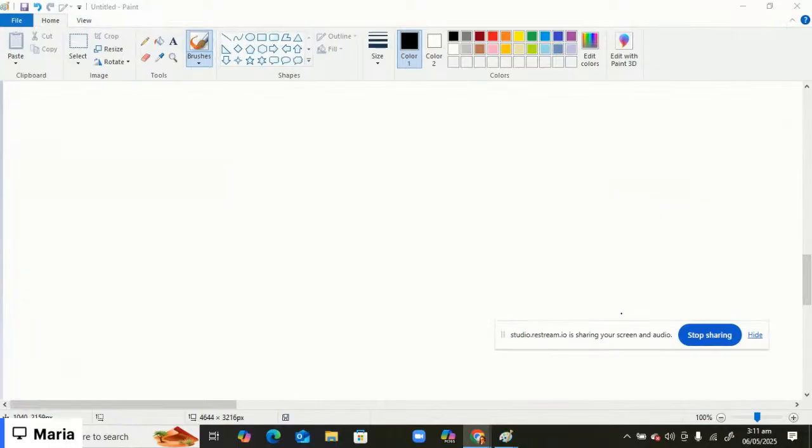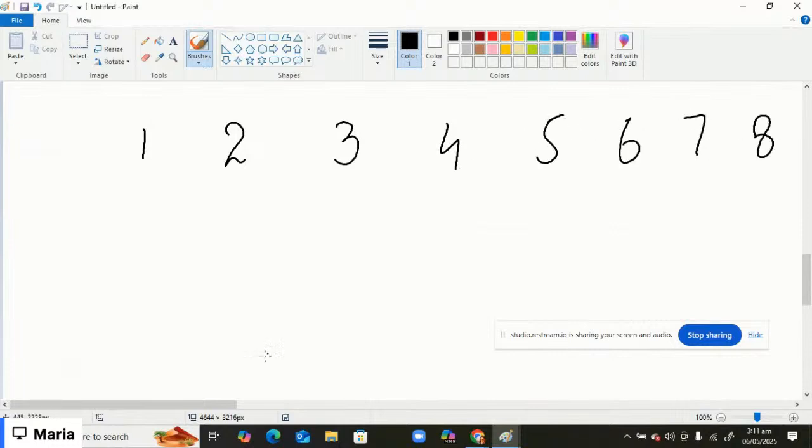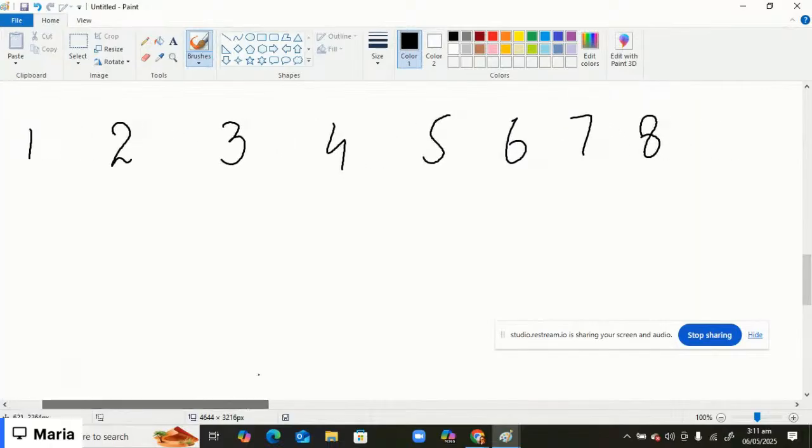All right, like for example, if we are going to write some numbers here, you guys tell me. Here I'm going to write it from 1 to 10 counting. 3, 4, 5, 6, 7, 8, then 9, and then 10.